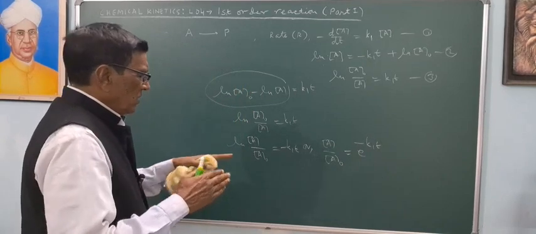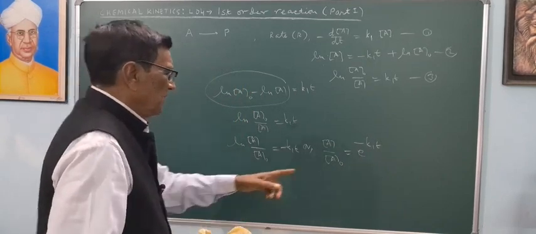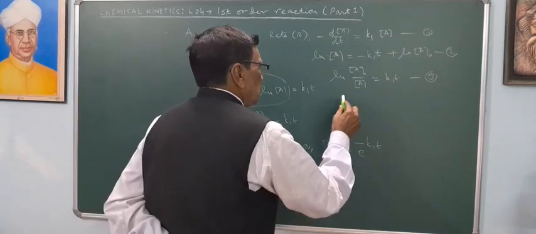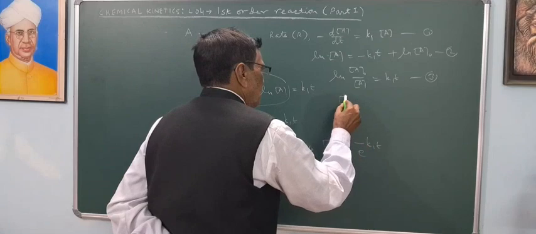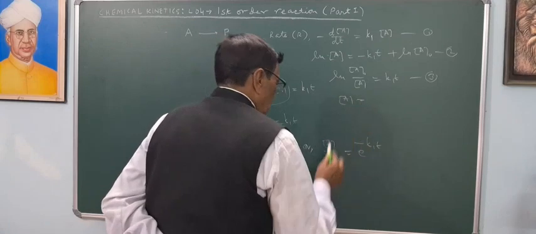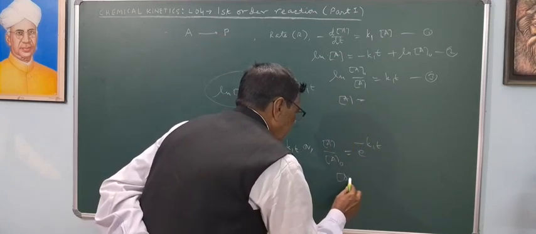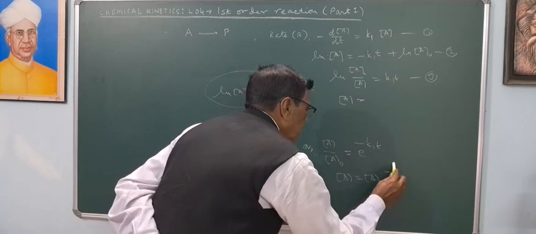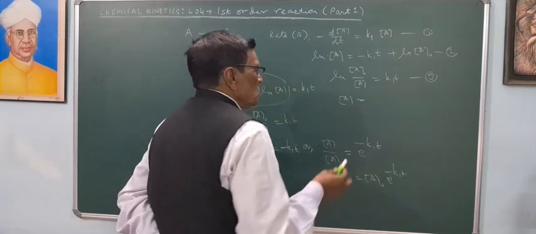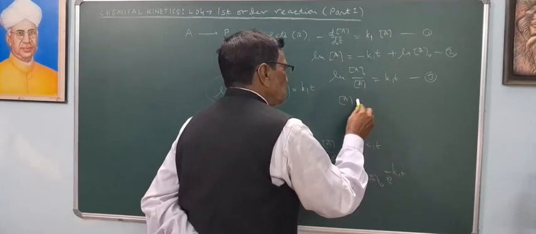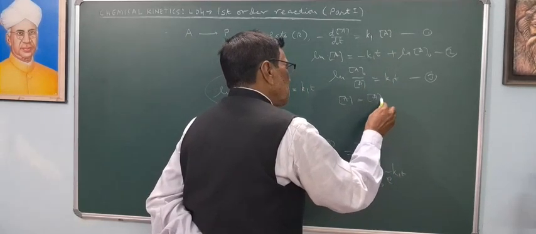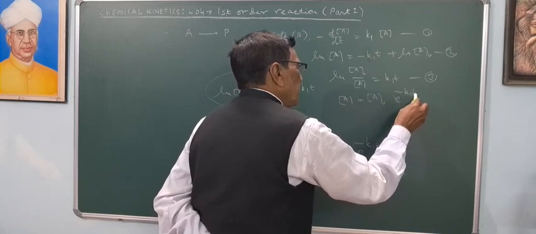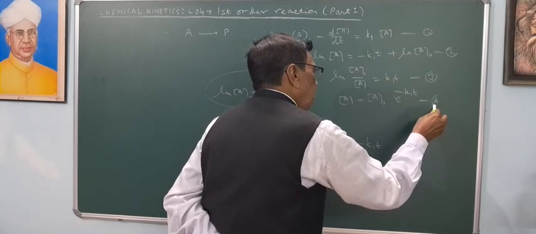Logarithmic is removed, and so here the exponential term is coming up. So this one is the fourth equation: concentration of A equal to concentration of A naught into e to the power minus K1T, and this is equation number 4.